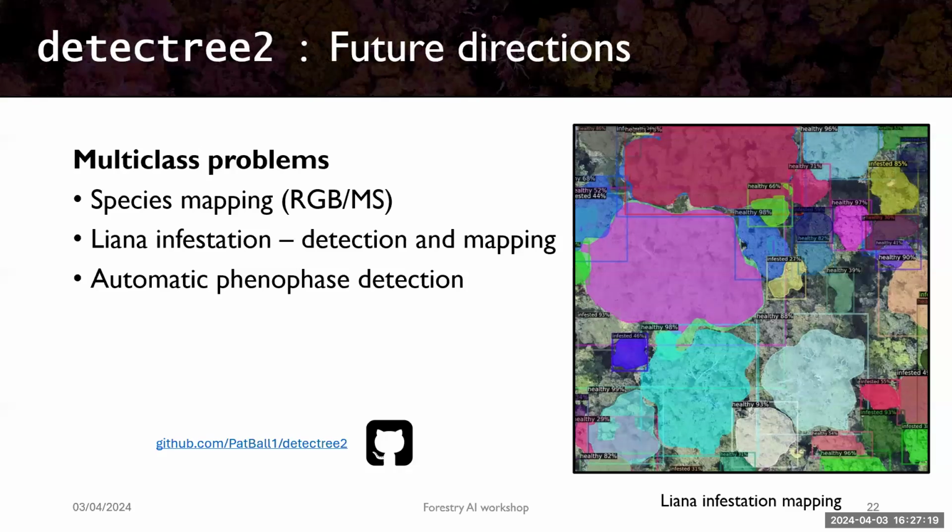And then the last thing within this multi-class idea is, what I showed you before, where we had an index showing the greenness of the crowns through time, suggesting when there's a green up or a flushing of leaves, and a shedding of leaves, showing the aging and senescence of leaves. But something that would be really nice to do is to automatically detect the phenophase of each of the trees.